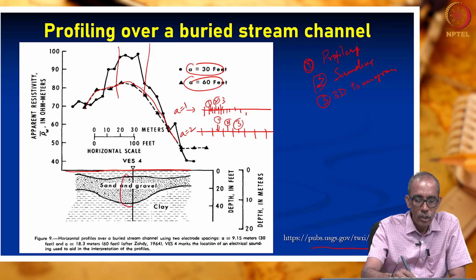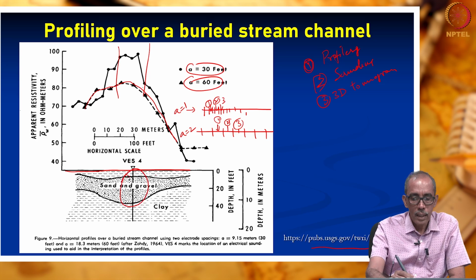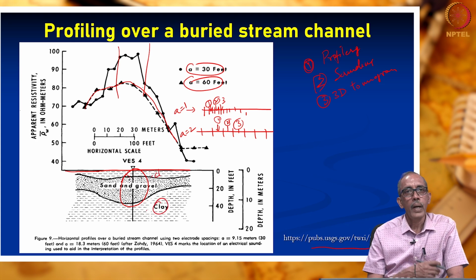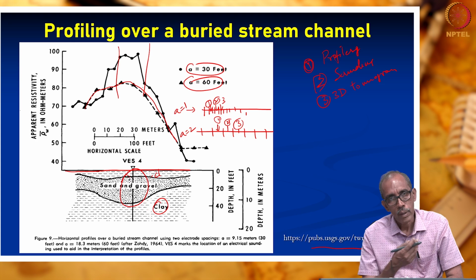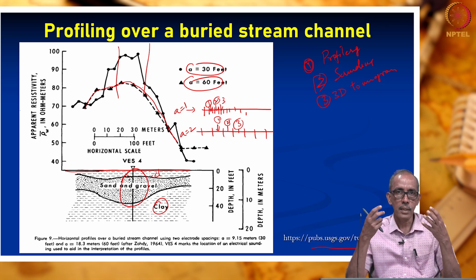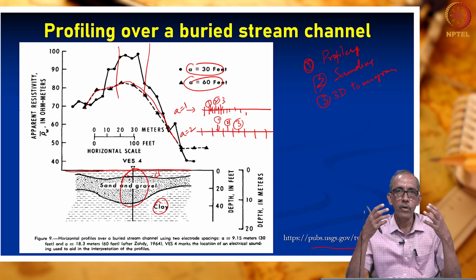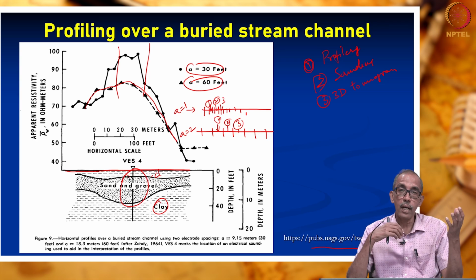If you look at the geology beneath the surface, we have sand and gravel. Above sand and gravel, we have clay. Here too we have clay. Compared to clay, as we had seen previously, sand and gravel will have higher resistivity because clay has the highest porosity. Clay will have a large amount of moisture. Sand and gravel also will have moisture, but the porosity of sand and gravel is much lesser than clay.